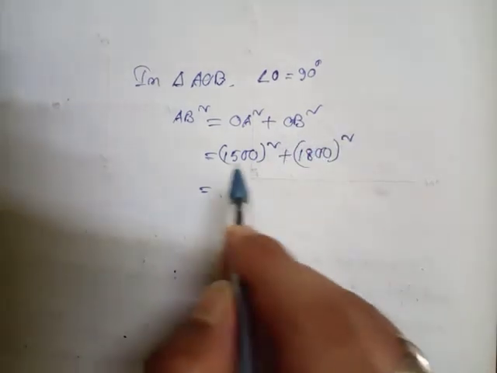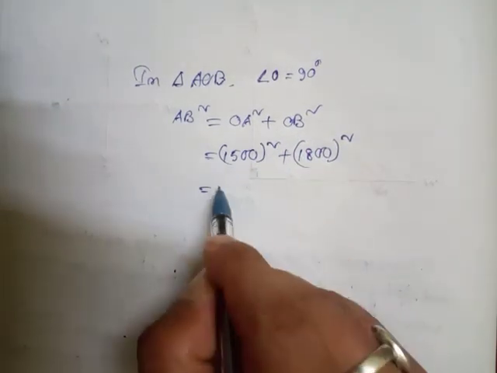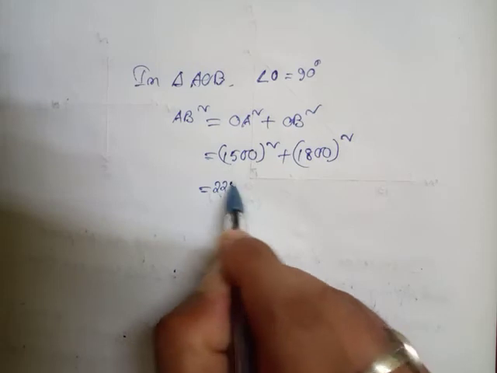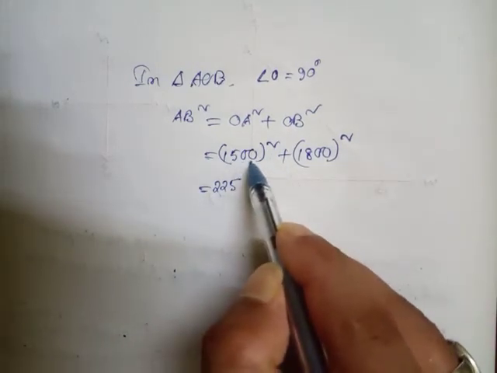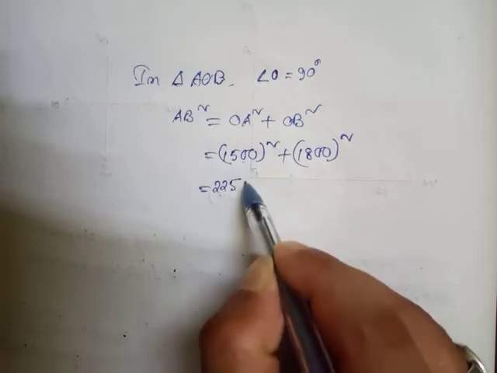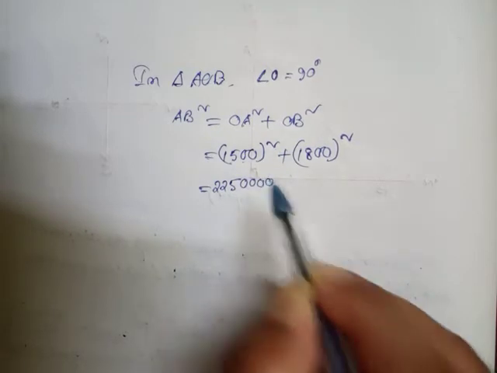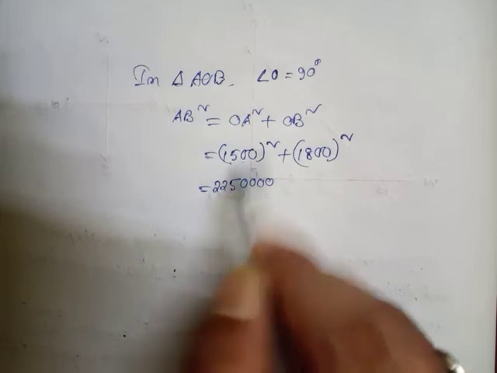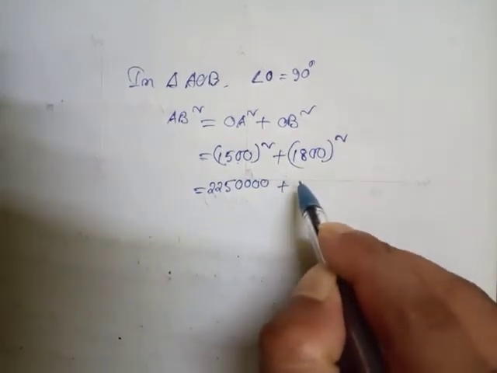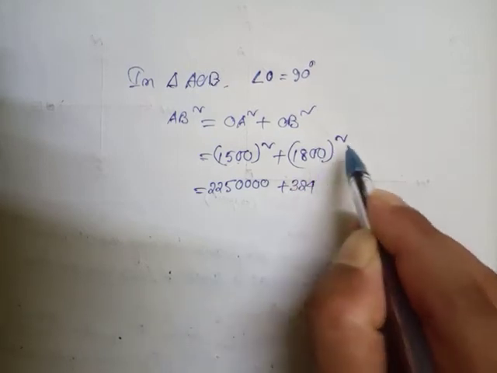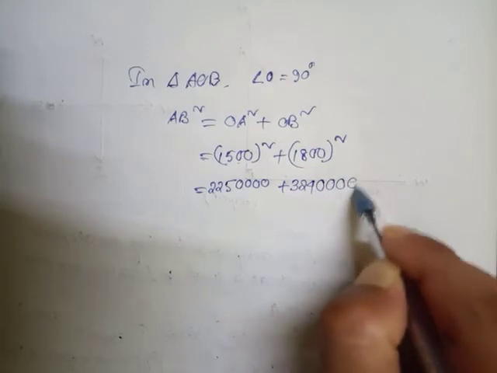Now look student, 15 square is 225, with 4 zeros. 18 square is 324, with 4 zeros.